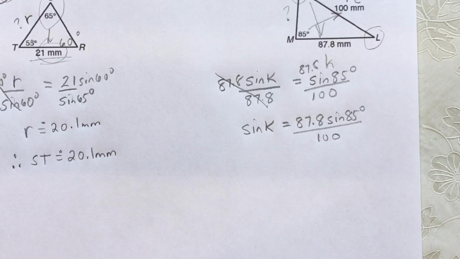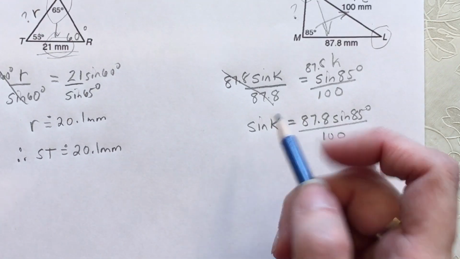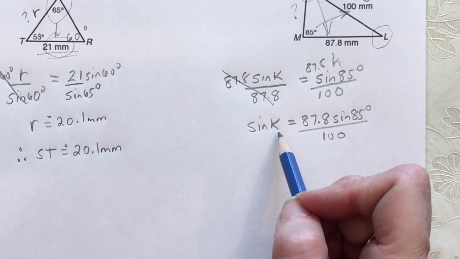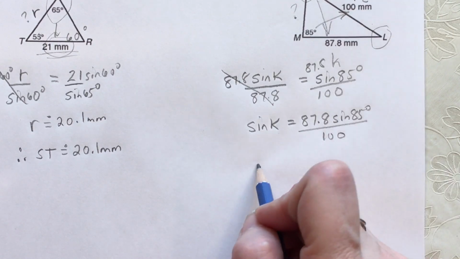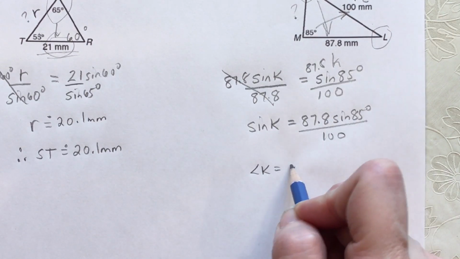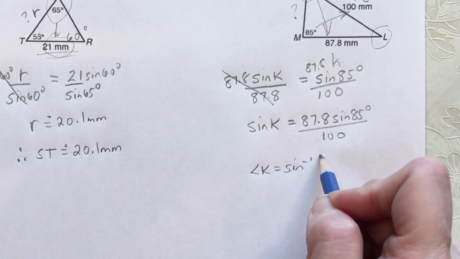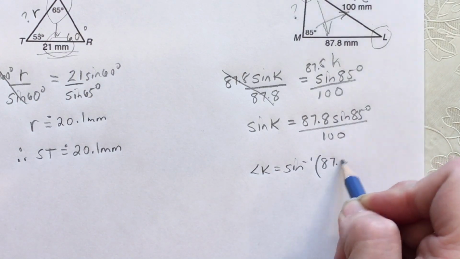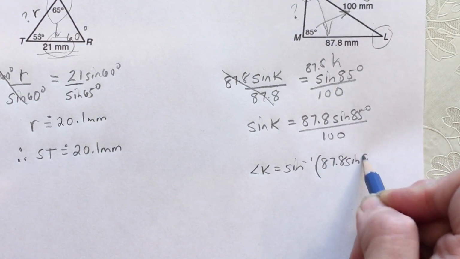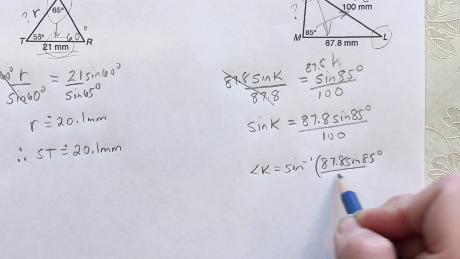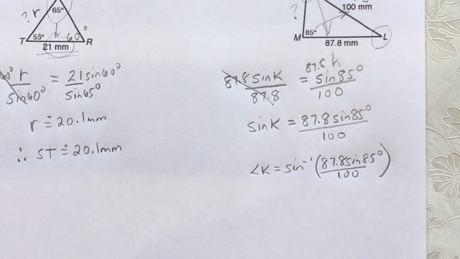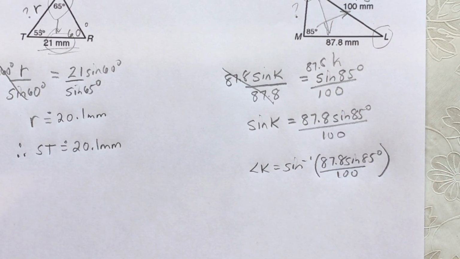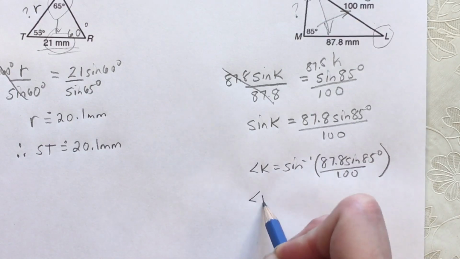And I know that I have to take the inverse sine of both sides to get angle K by itself. Some people just go straight to saying they know that angle K is going to be the sine inverse of 87.8 times sine 85 degrees divided by 100. And that's okay to do in grade 11.